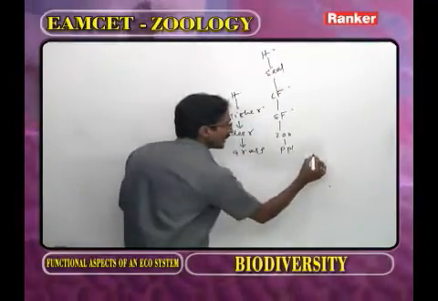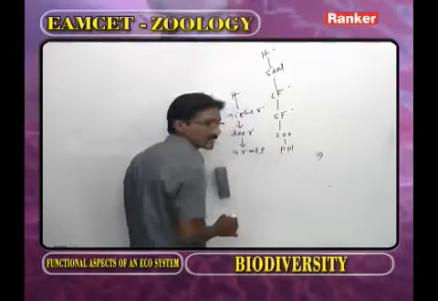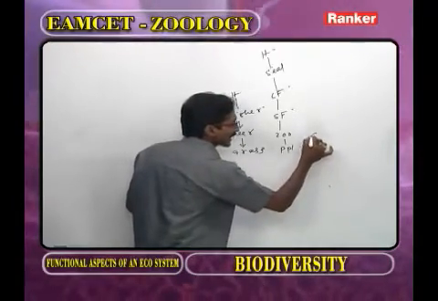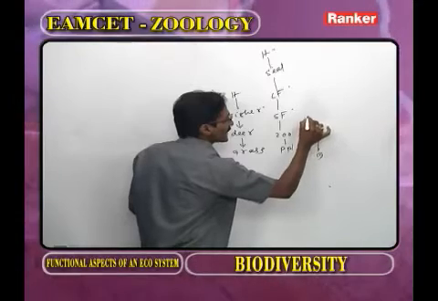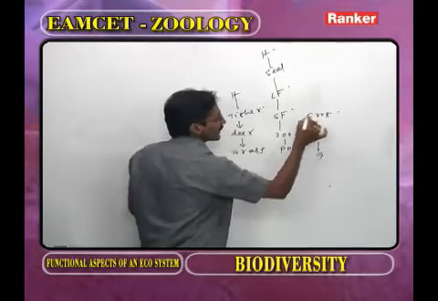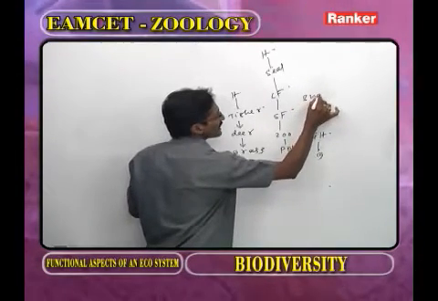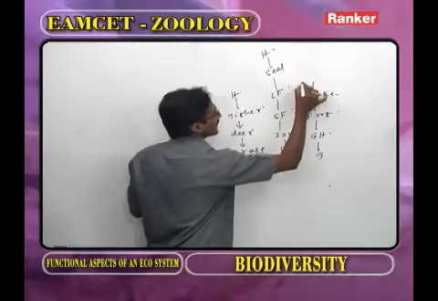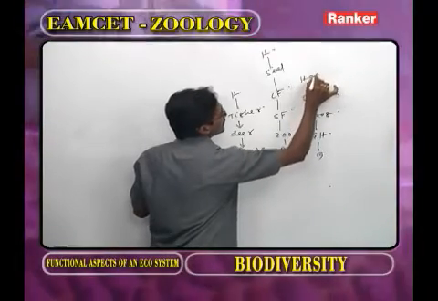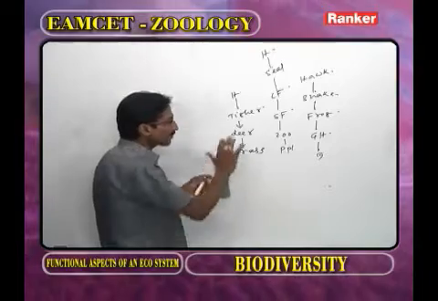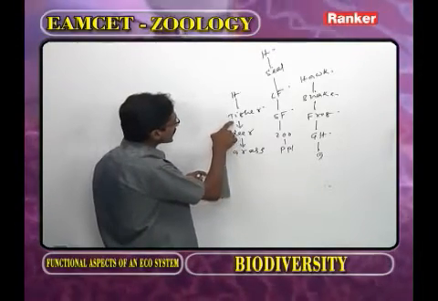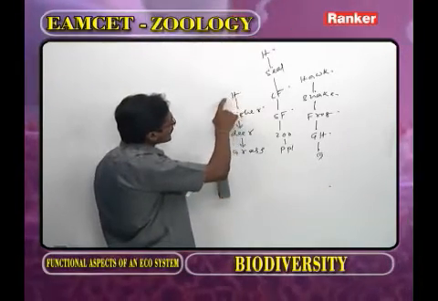In the same way, now this is the grass. The grass is eaten by a grasshopper. The grasshopper is eaten by a frog. The frog is eaten by a snake. The snake is eaten by a hawk. Now as we observe these food chains, what is the climax carnivore?